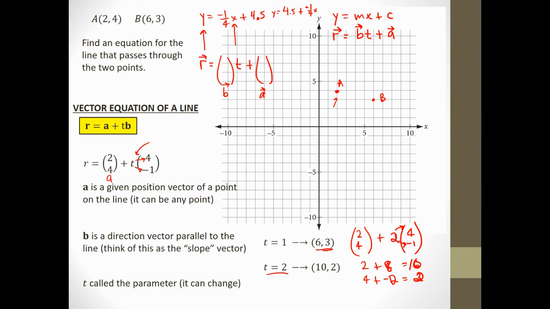This was 4, 2, 2, 4. This one's 6, 3. And we can see 10, 2 is also right there. So you can see it's forming a line. I could also do t equals 3, t equals 0, t equals anything, and see that we're getting a straight line here. But it's a vector equation of a line.